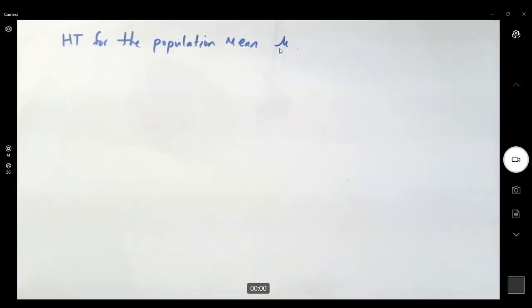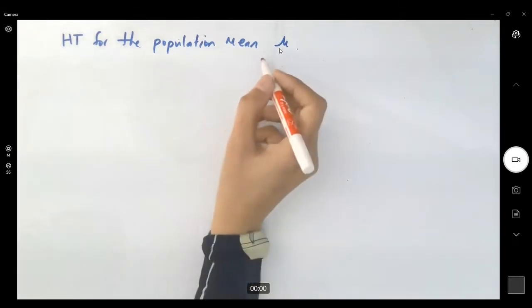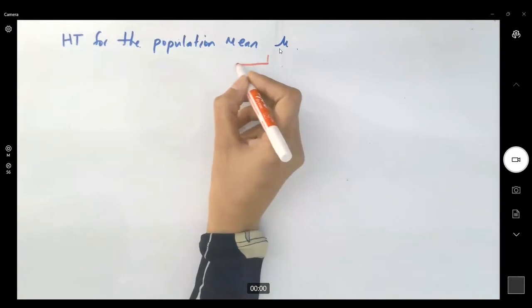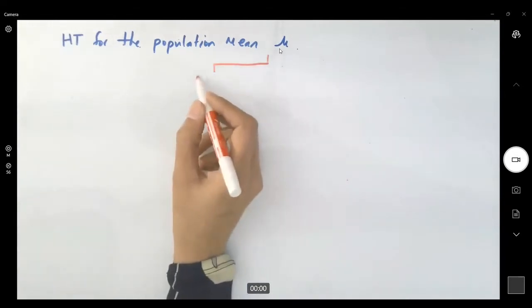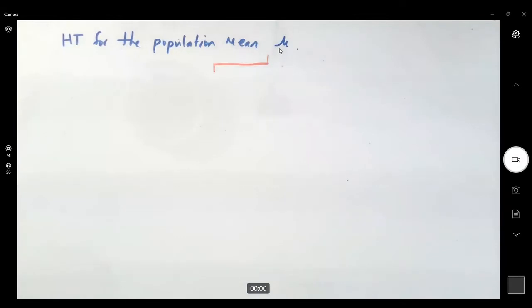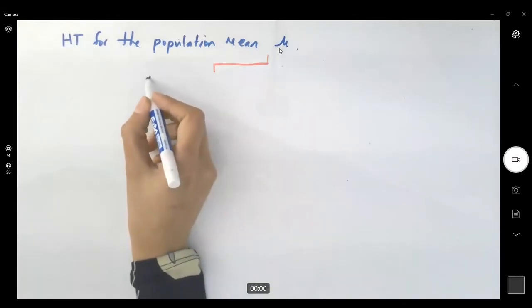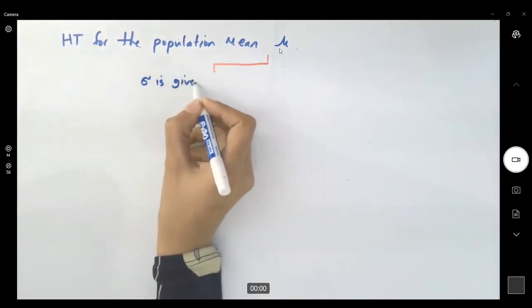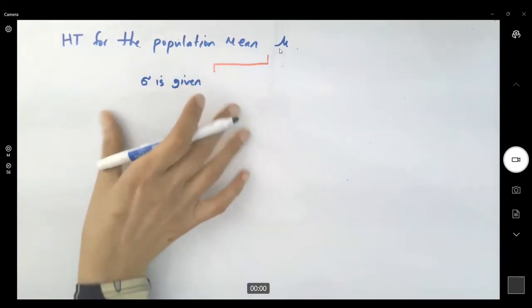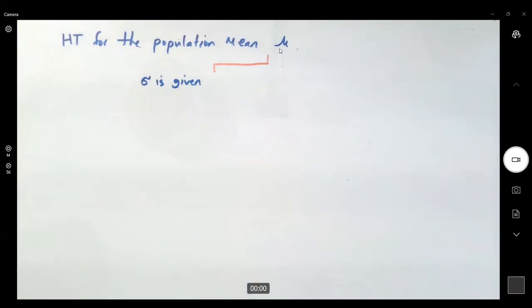In the next step, you're going to check to see if sigma, the population standard deviation, is given or not. If sigma is given, we're going to follow some steps.